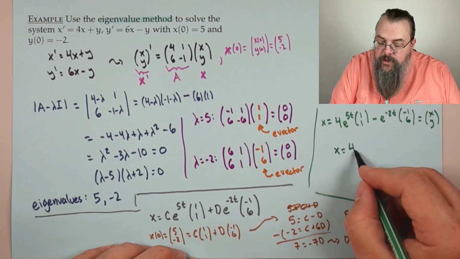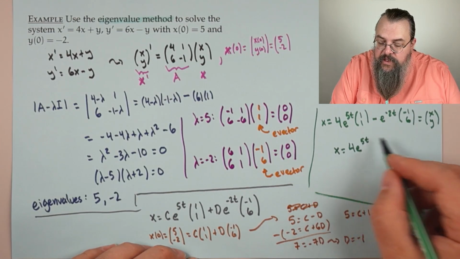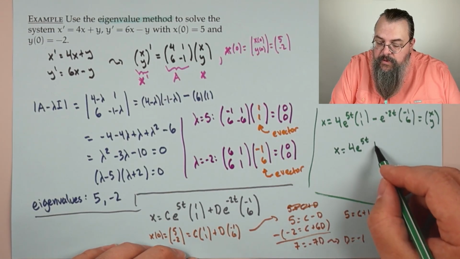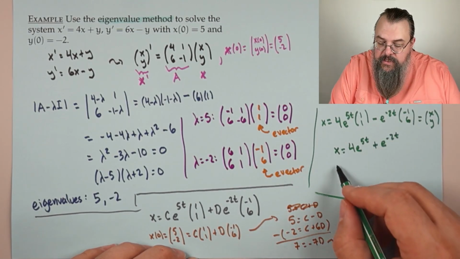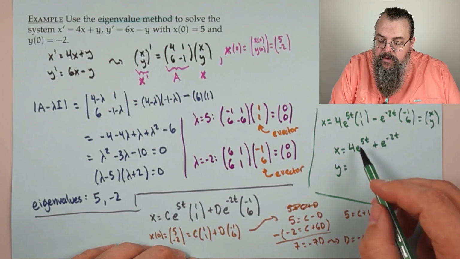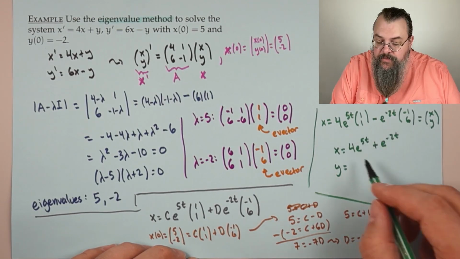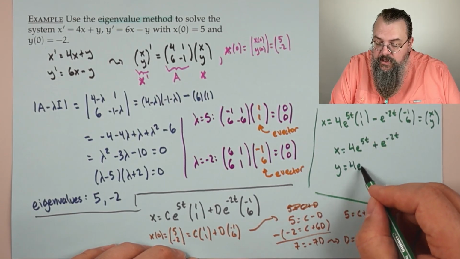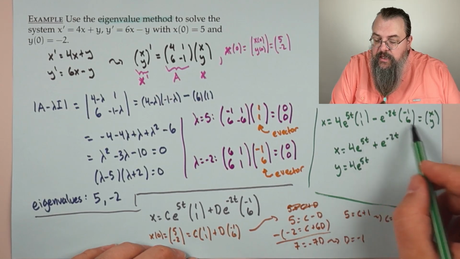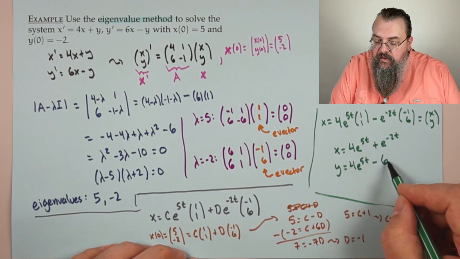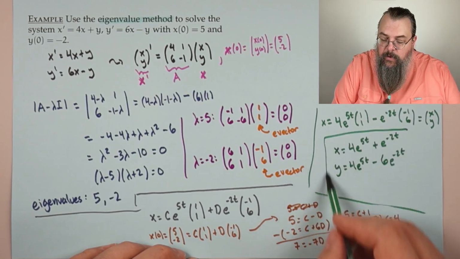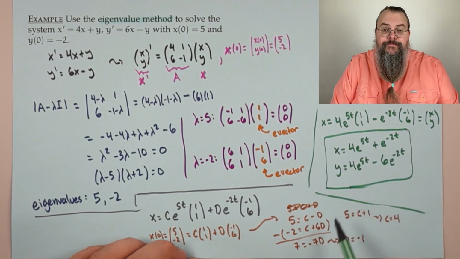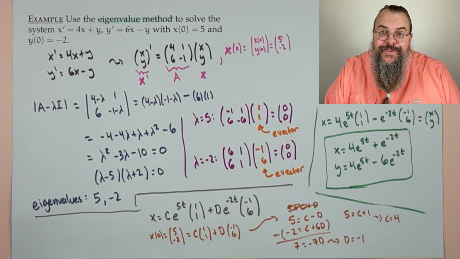That's 4 e to the 5t minus minus makes a plus e to the minus 2t. And then y, read along the bottom. 4 e to the 5t and minus 6 e to the minus 2t. And now we're done. There's our solution to our system.